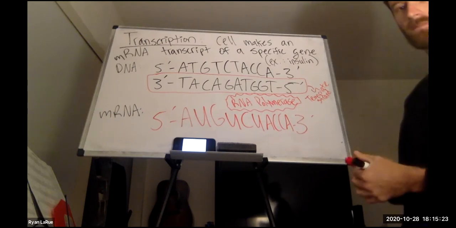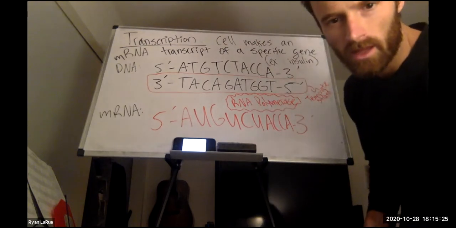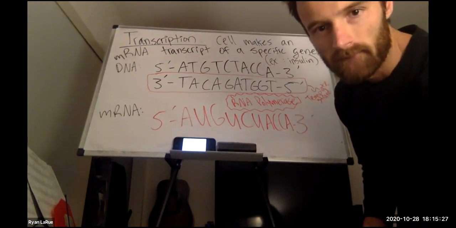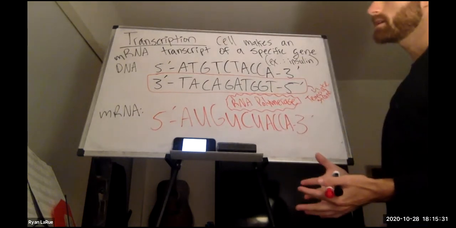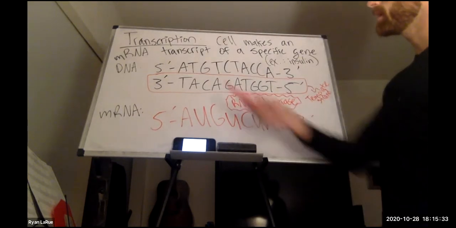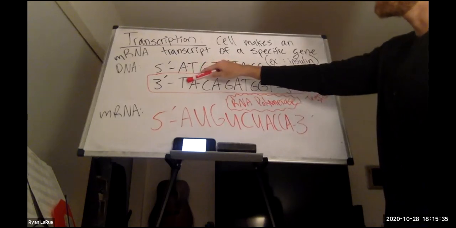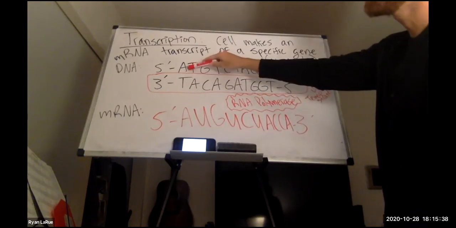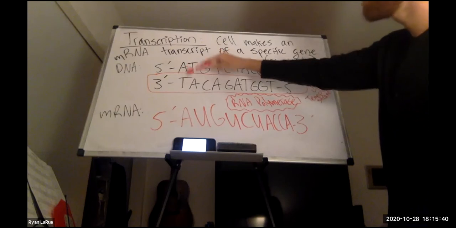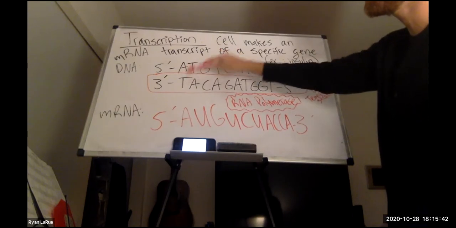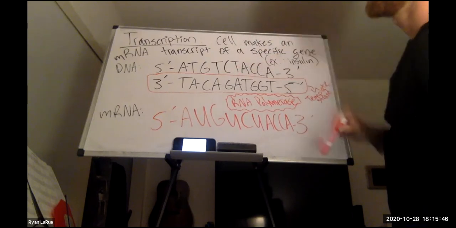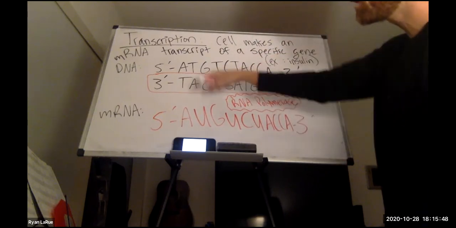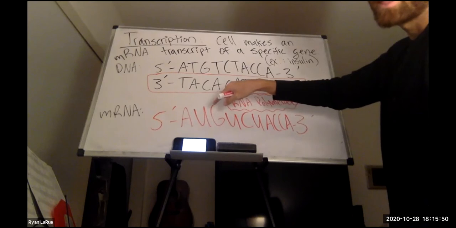But okay, so question. Normally in DNA, the complementary base pair to adenine is thymine. A pairs with T every time. But there are no thymines in RNA.